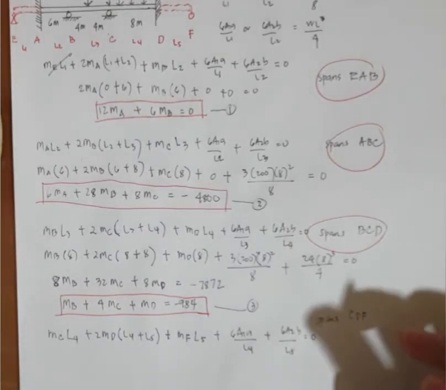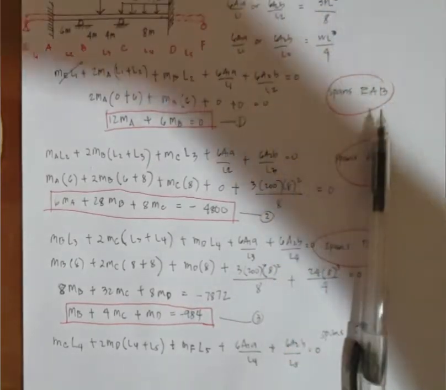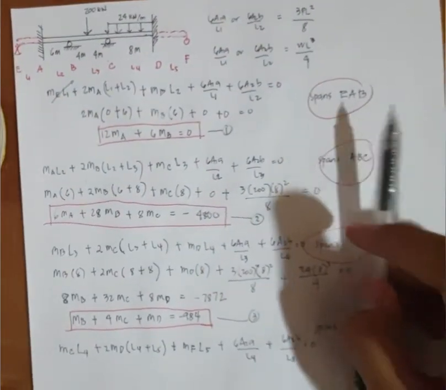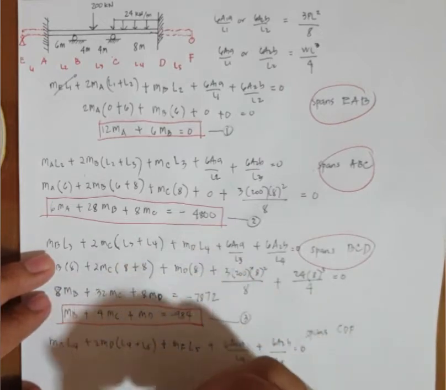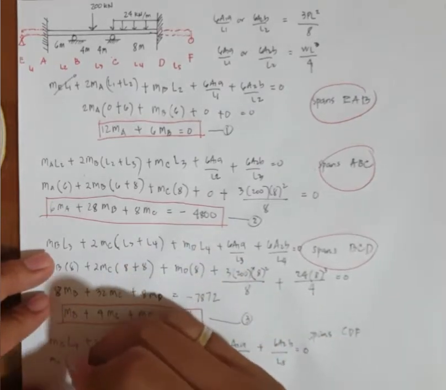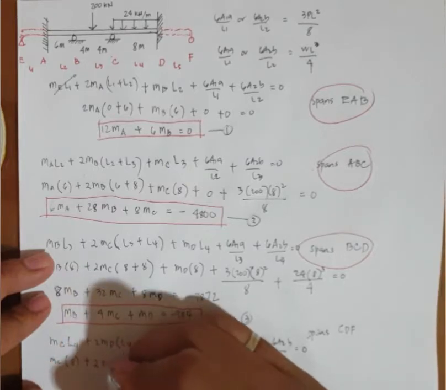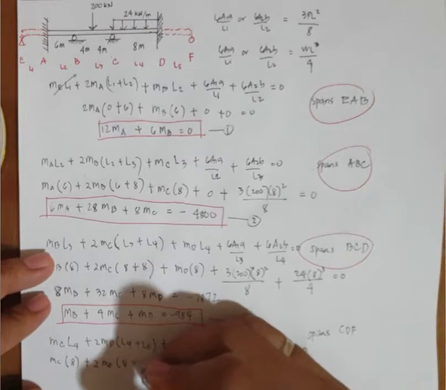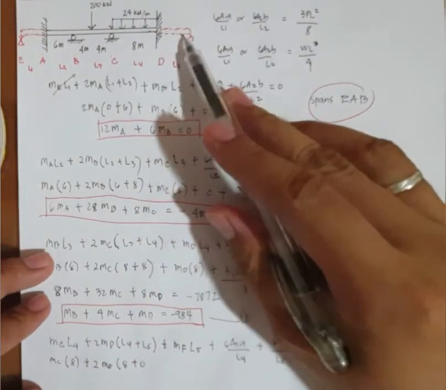Okay. MC times L4, 8 meters, plus 2MD, L4 is 8, L5 is 0 because the extension is imaginary.